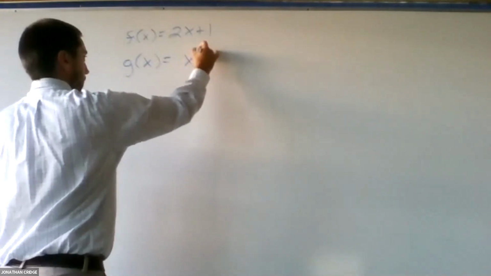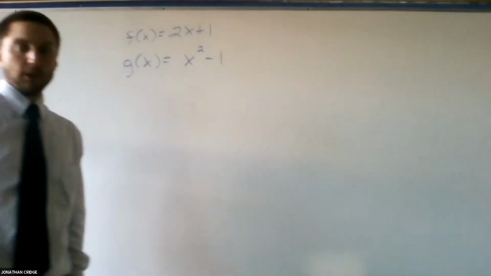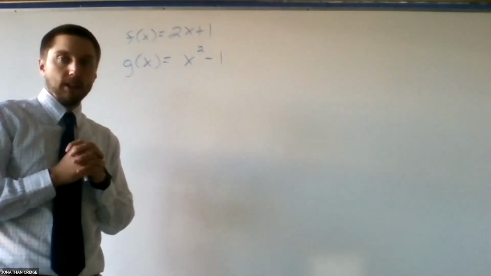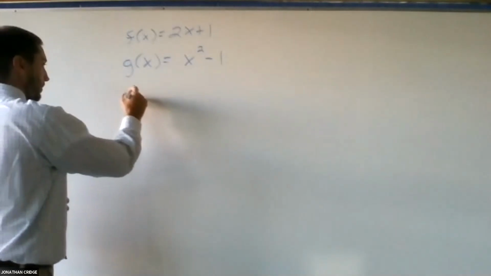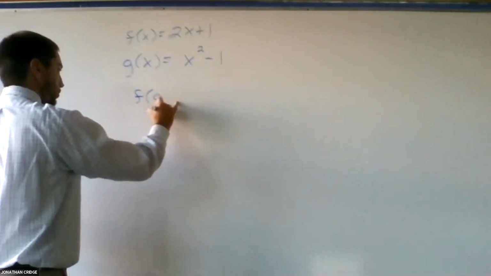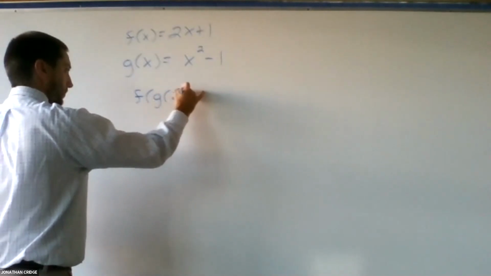And let's just call him x squared minus 1. Okay, so we have 2 functions here. So I'm going to try to combine these functions. Okay, but before that, let's just start with something nice and easy here. Let's see if we can figure out how to find f of g of 2.